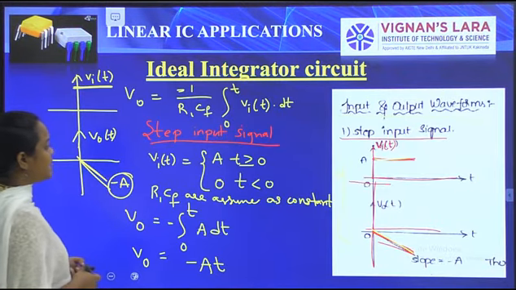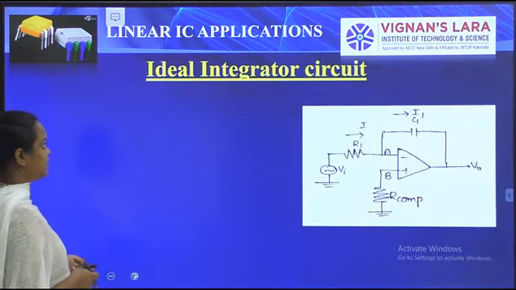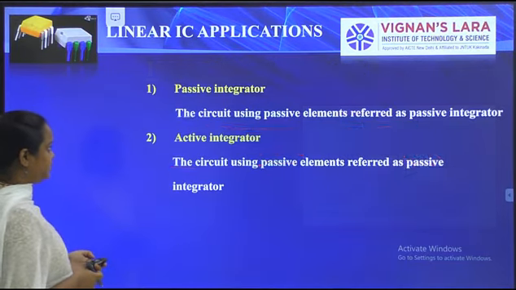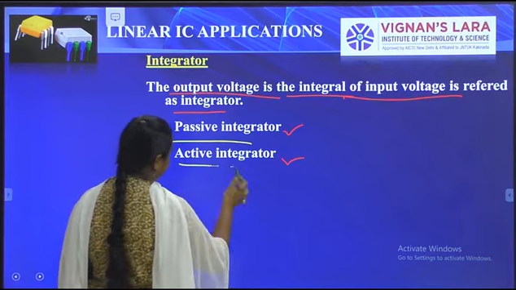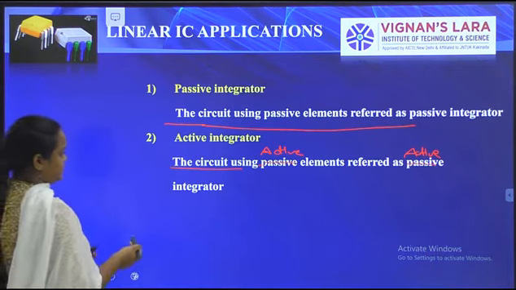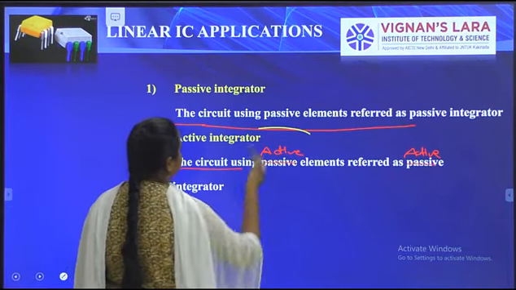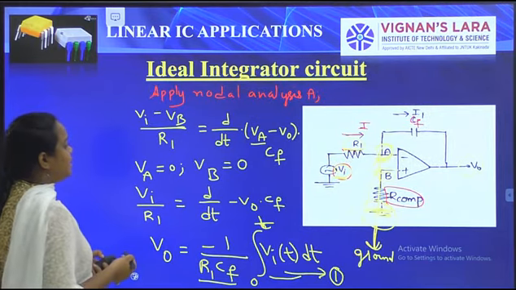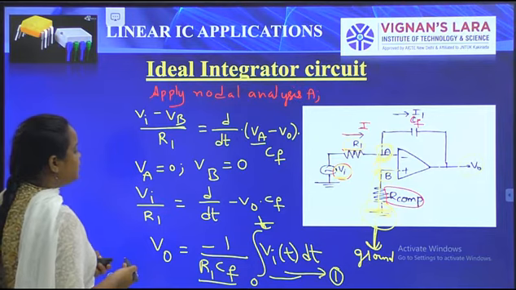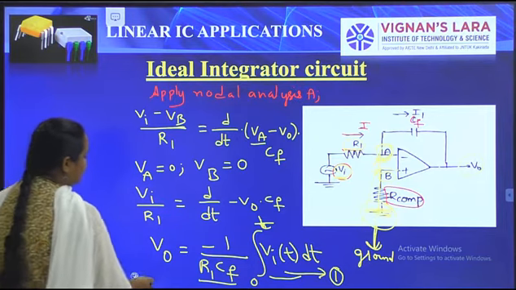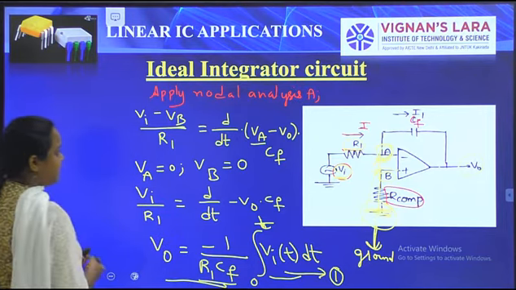This is the concept for the ideal integrator, where we are using the passive and the active integrators. Active integrators mean active elements and passive integrators mean passive elements. Then we analyze these networks by using this ideal integrator circuit. Here the output will be like this when we are using the ideal integrator.